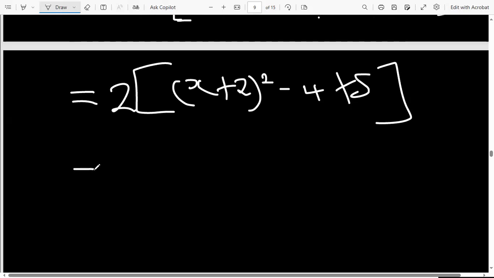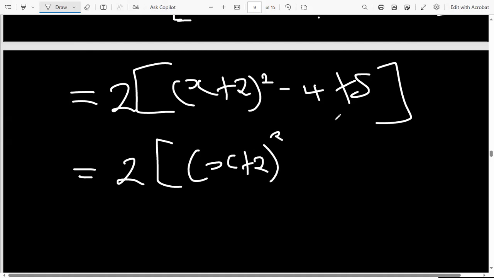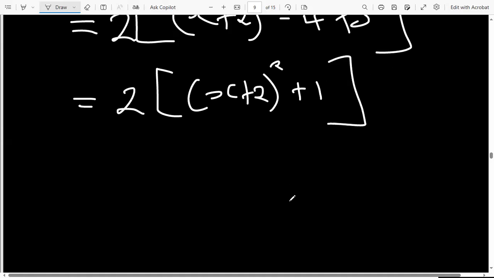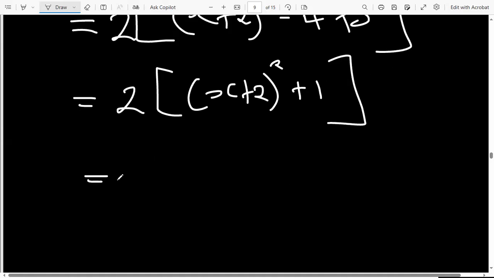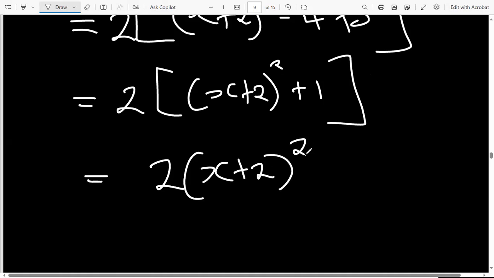From here, let's simplify. You're going to have x plus 2, squared, and then here minus 4 plus 5, which will just be plus 1. And then from here, it will be 2 times x plus 2 squared plus 2.